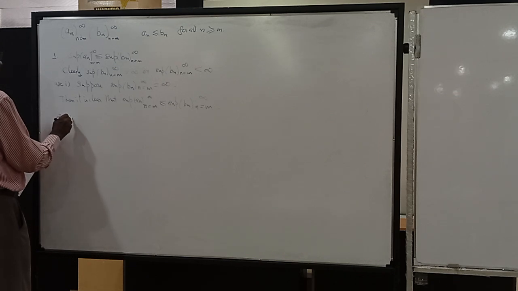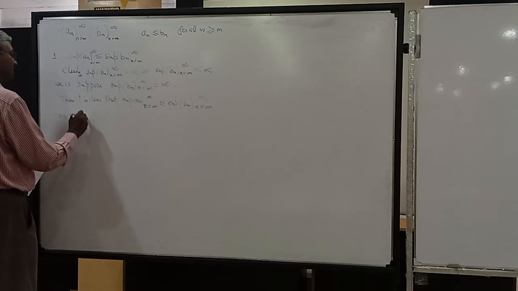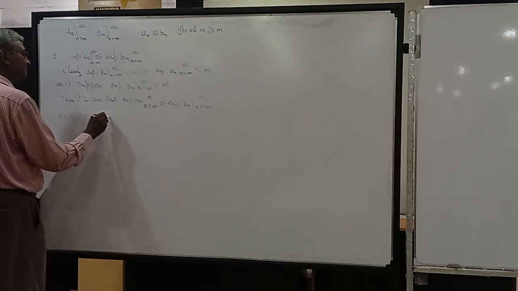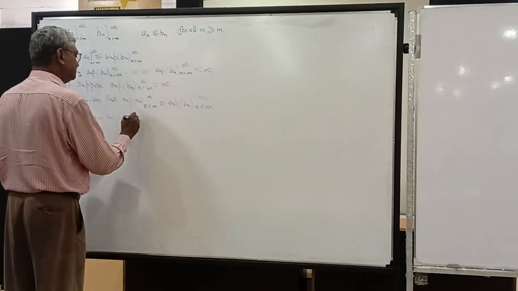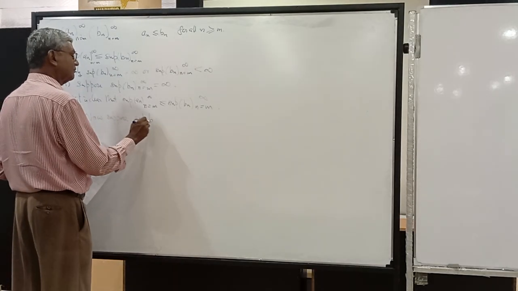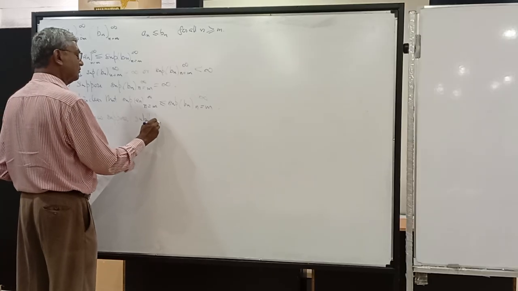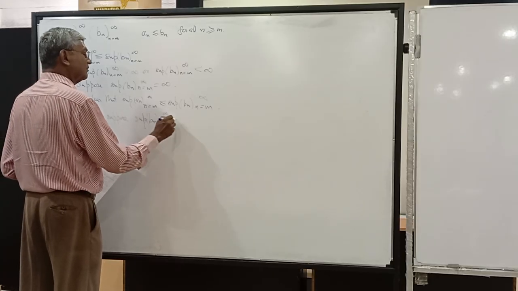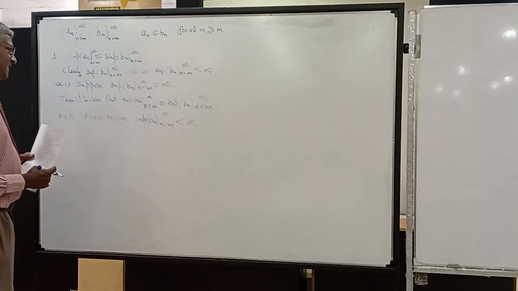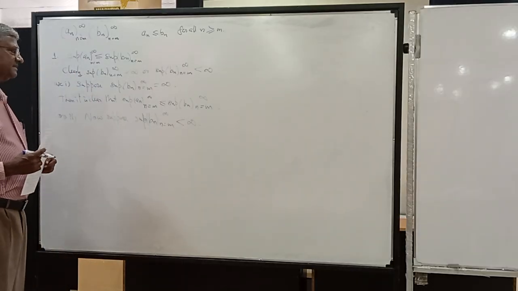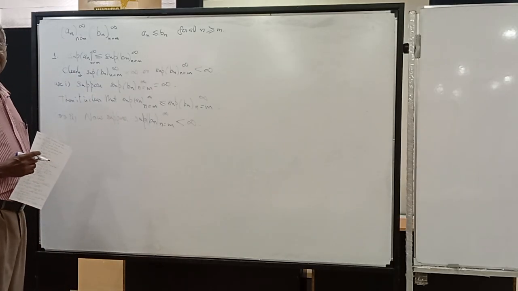Case 2. Now suppose sup b_n is strictly less than infinity. Then when it is strictly less than infinity, there are two choices.